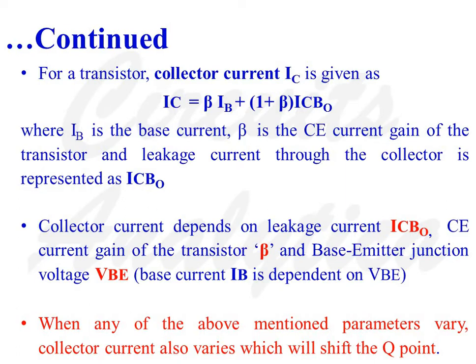So from the above equation we can infer that collector current IC depends upon leakage current ICBO, common emitter current gain of the transistor beta, and base emitter junction voltage VBE. So when any of the above mentioned parameters vary, collector current also varies, which will shift the operating point or Q point of the amplifier.